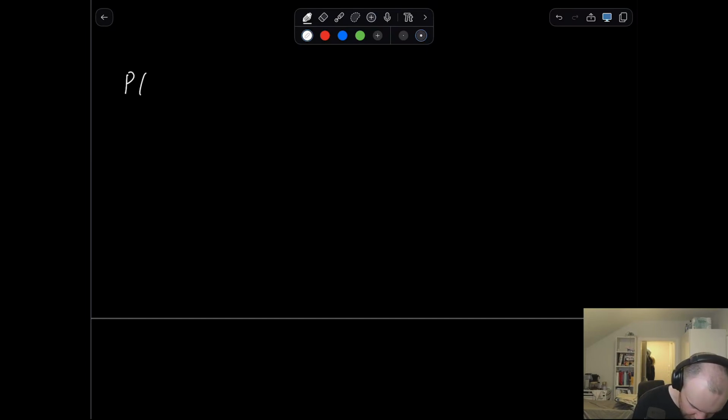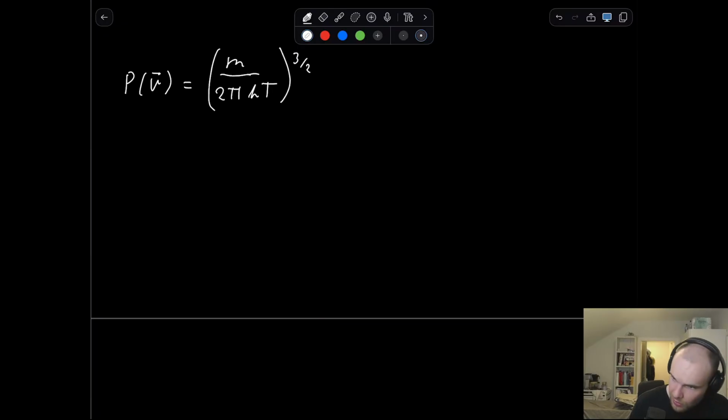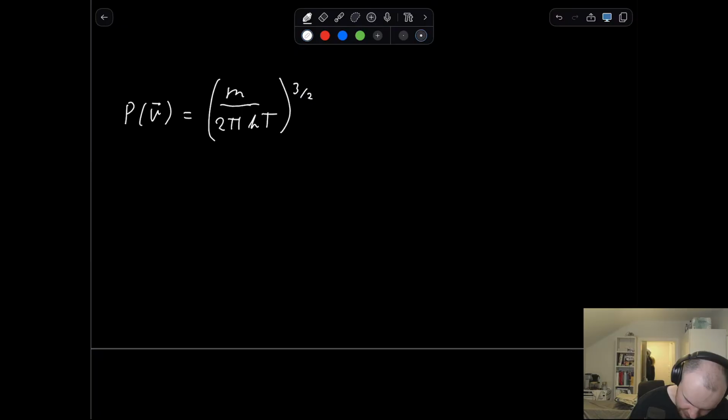So the equation is P of v equals (m divided by 2 pi k T) to the power 3/2, then e to the minus m v squared divided by 2 k T, like that.